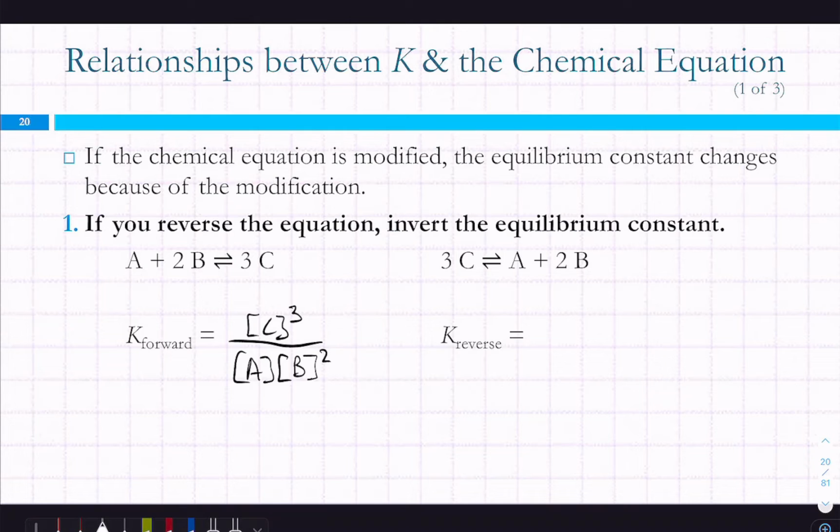Yeah, you just flip it. You invert it. So now it's C raised to the third on the bottom, and A and B squared on top. Same thing as doing K to the negative 1, K raised to the negative 1 power.